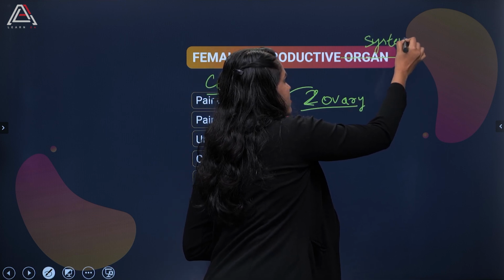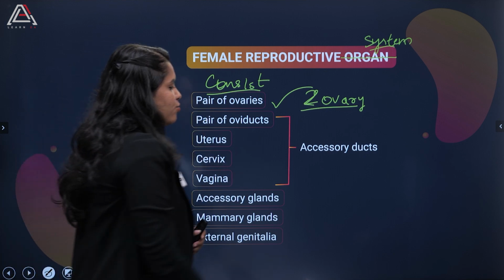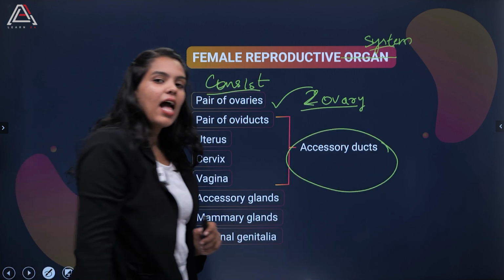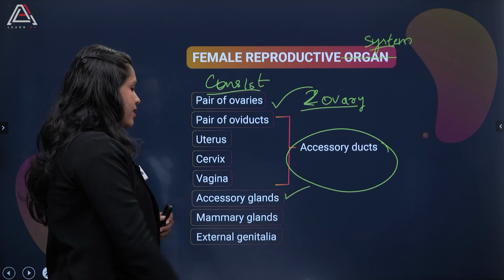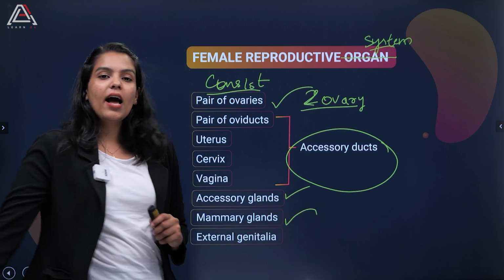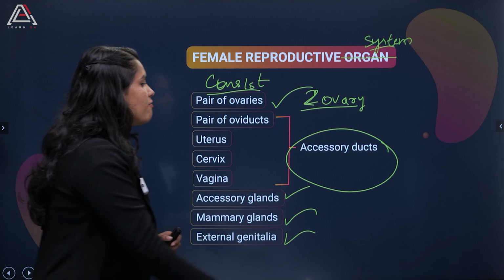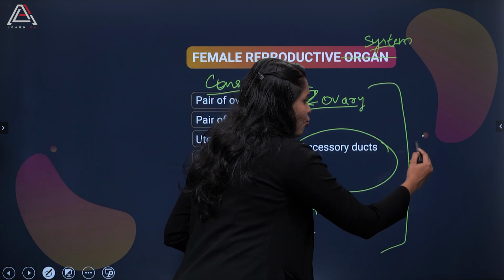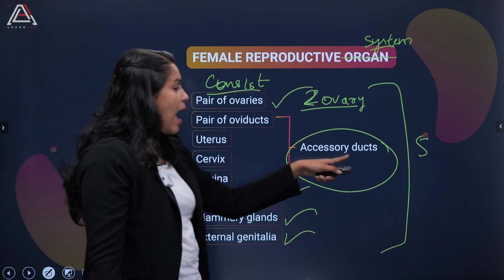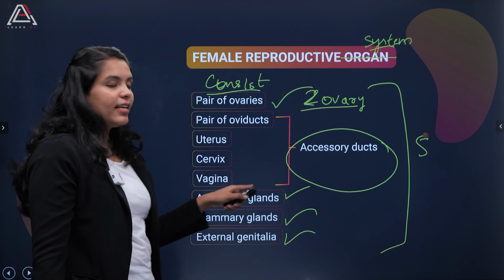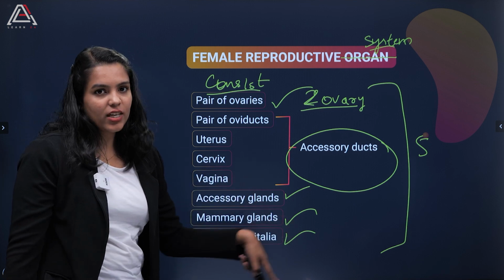This system consists of a pair of ovaries, accessory ducts, accessory glands, mammary glands, and external genitalia. So it consists of 5 things in total.